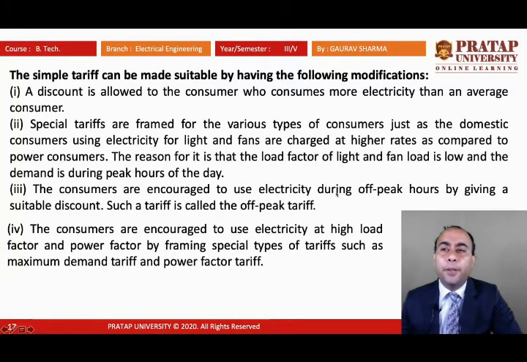In a simple tariff, we can make certain modifications, like a discount is allowed to a consumer who consumes more electricity than an average consumer.